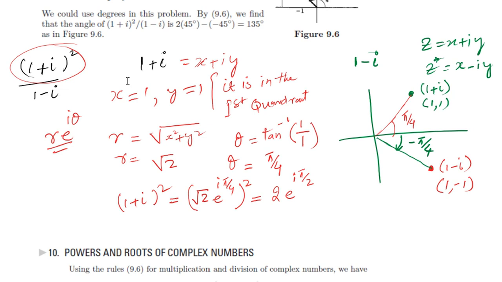So from our understanding, we replace 1 minus iota with square root of 2, so r would be the same, e to the power minus iota pi over 4. Simple as that.